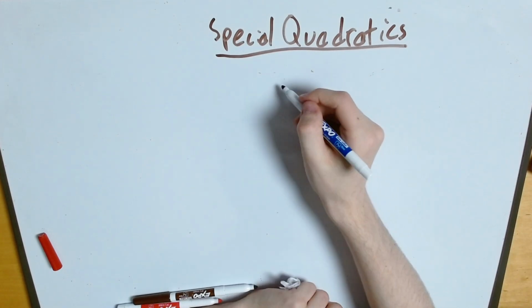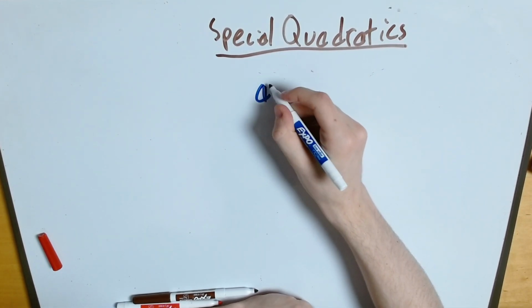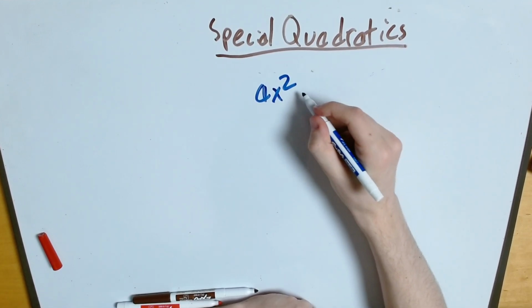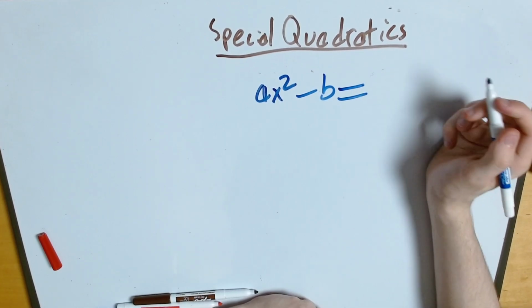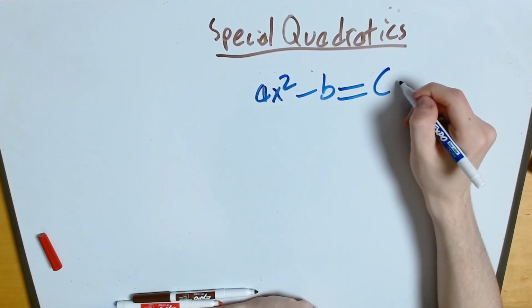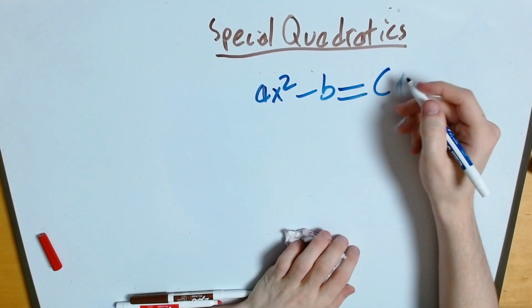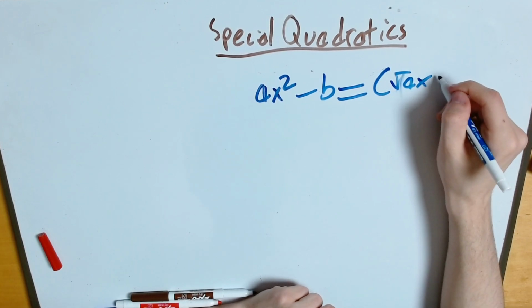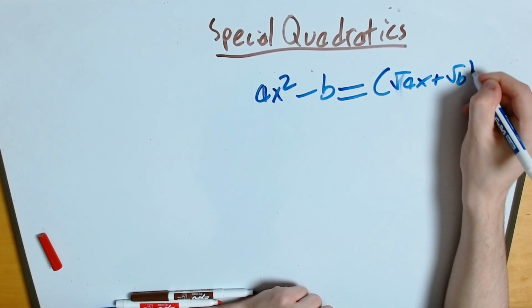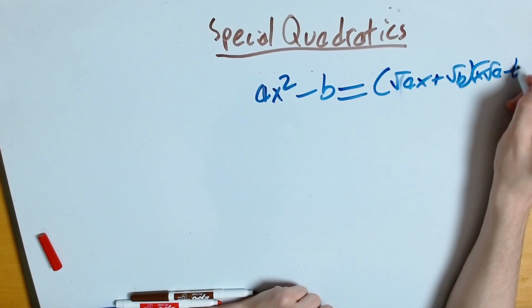So in general, right, if you have perfect squares, ax squared minus b, where a and b are perfect squares, your factored form is going to be square root of a times x plus square root of b, times square root of a times x minus square root of b.